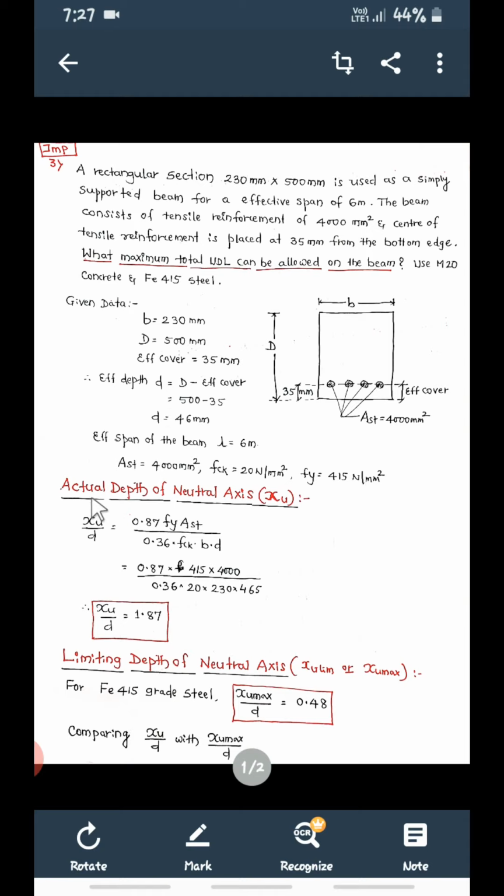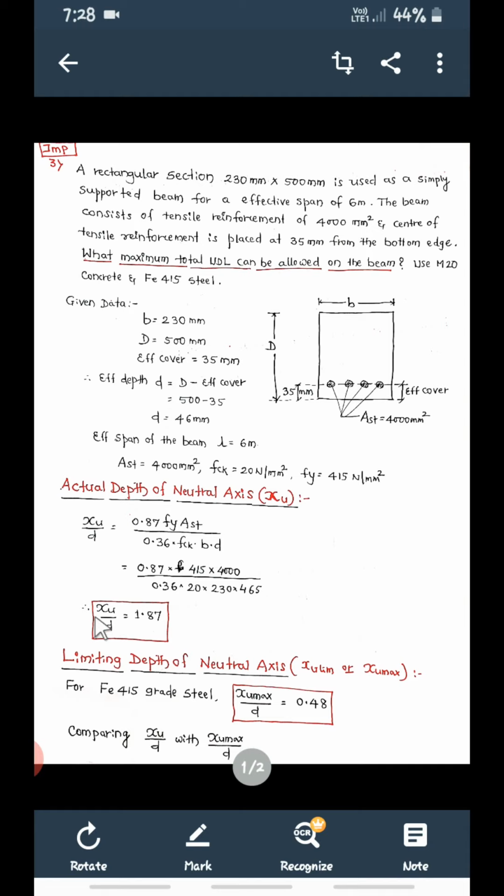So as usual, the first step is the actual depth of neutral axis, that is XU. We are going to find it using this expression: XU by D is equal to 0.87 Fy AST divided by 0.36 FCK B into D. So find this XU by D by substituting all the values: area of steel, Fe 415, that is 415 Newton per mm square, FCK 20, width of beam, and effective depth of the beam.